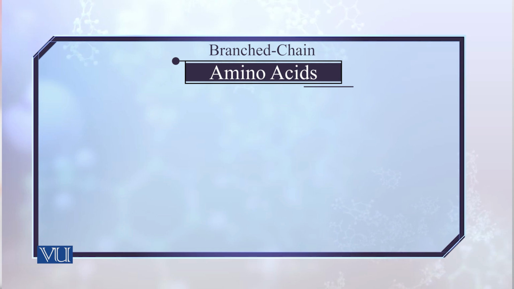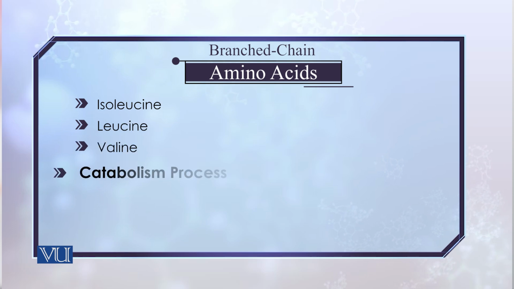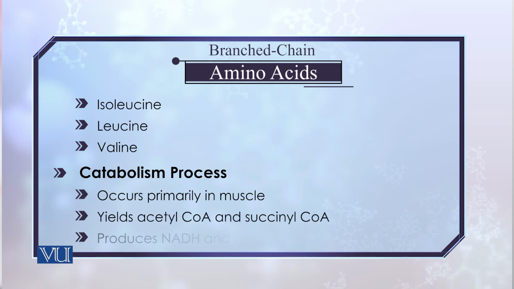Then there are branched chain amino acids, which have a branch, like isoleucine, leucine, and valine, and they also give rise to succinyl CoA or acetyl CoA.